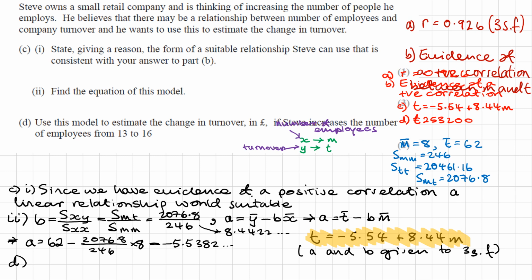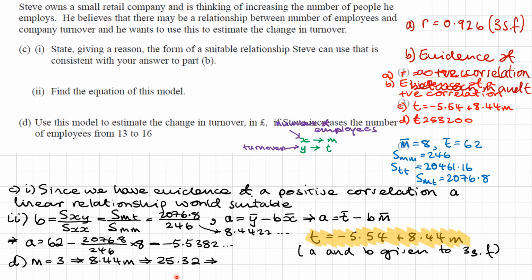So substituting m equal to 3 just into the 8.44 m part, because that's the part that's changing. So 8.44 times 3, 25.32. Now remember, t is in, I think, tens of thousands of pounds.